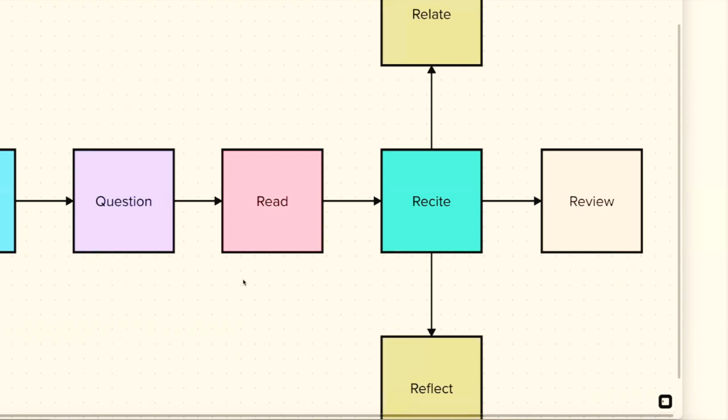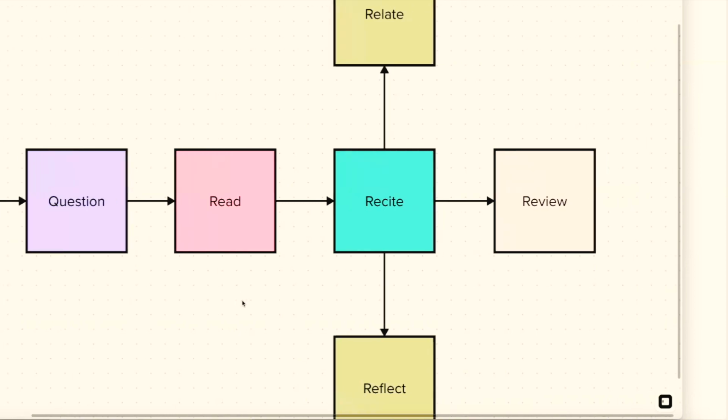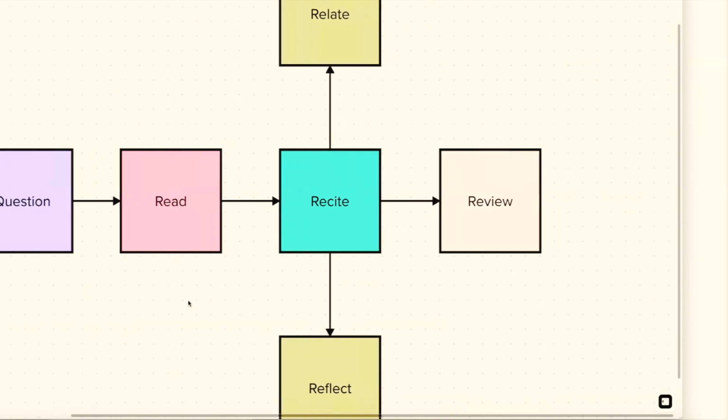Here, while you are reading, you are finding the answers to the questions that you posed in the second phase. With that, you get a fair understanding of what kind of answers you are providing to the questions. Then you go to the recite.